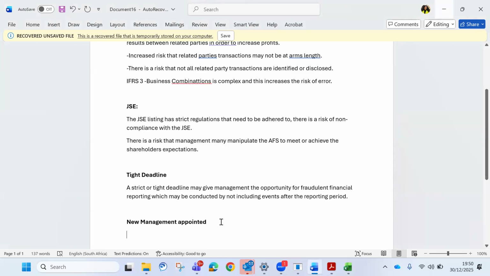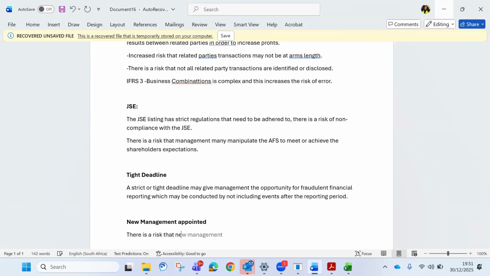New management appointed. So there is a risk with new management. Do you see that the wording doesn't change? You just need to be able to say, is this applicable? And then you just bring in all your points. You don't have to think so hard about it. Those things don't change. You don't have to keep frustrating yourself to say, how do I do this?